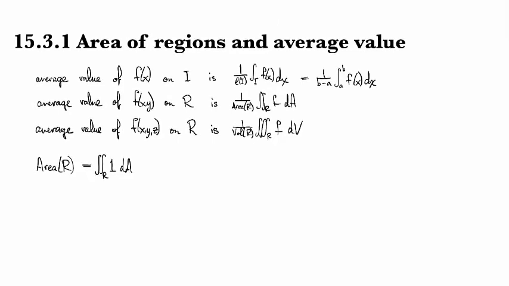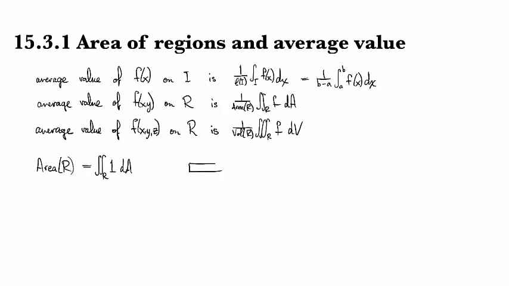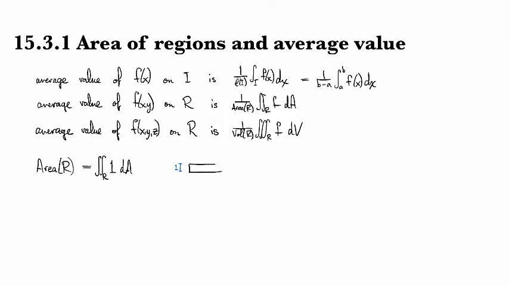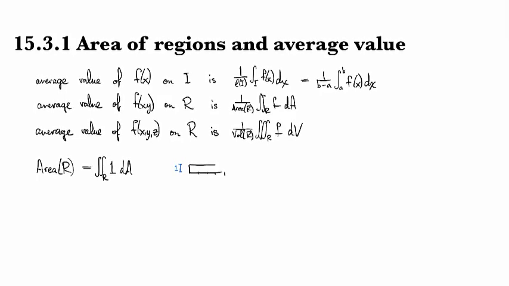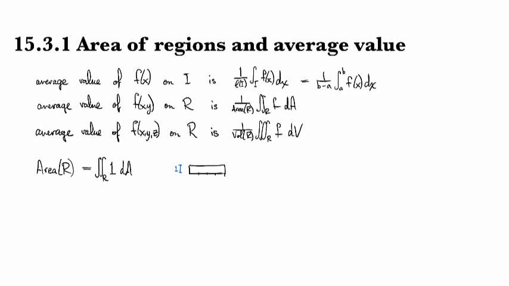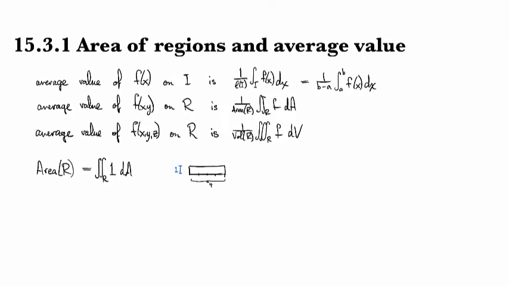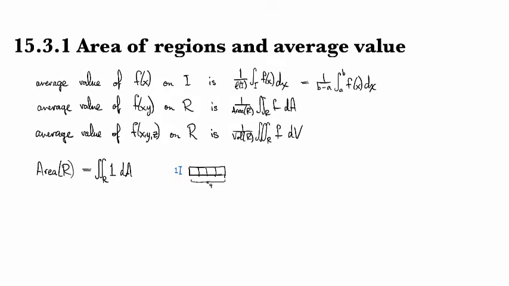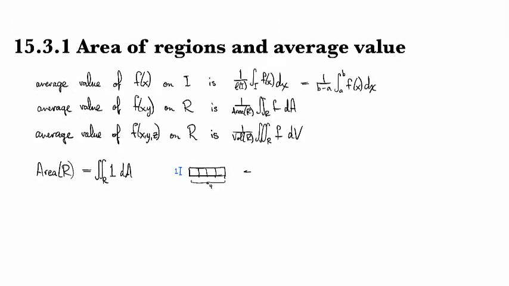If we have a rectangle and the rectangle has side length 1, then the area of the rectangle is equal to how long it is, right? So here the rectangle has a side length of 4, so it's going to have an area of 4 square units.